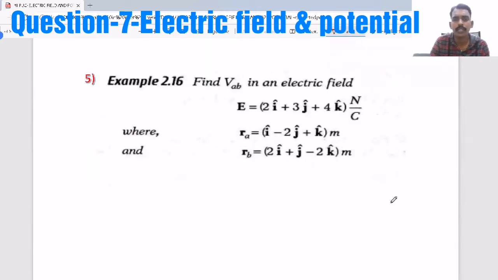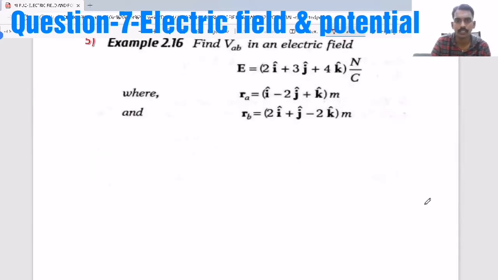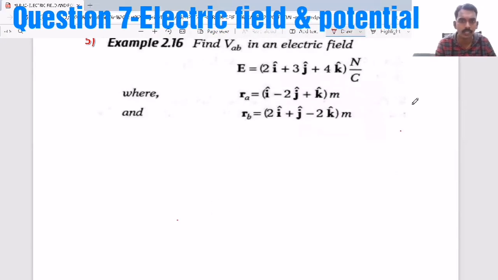Now here, find VAB in an electric field. They are asking us to find the potential difference between A and B, that is VAB, equal to VA minus VB.